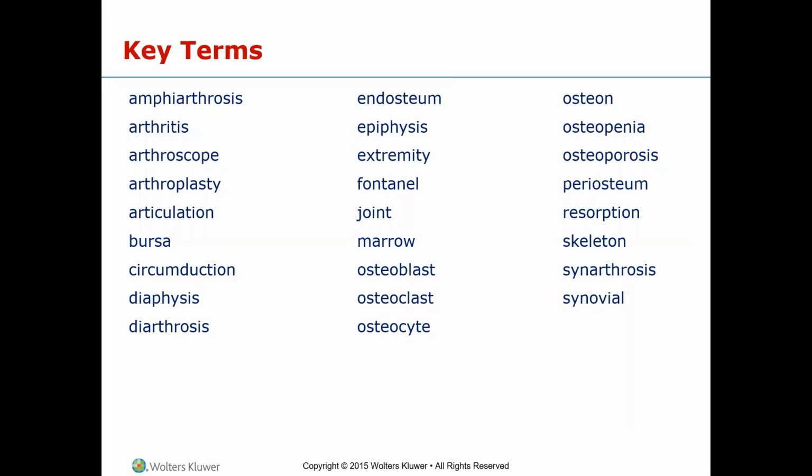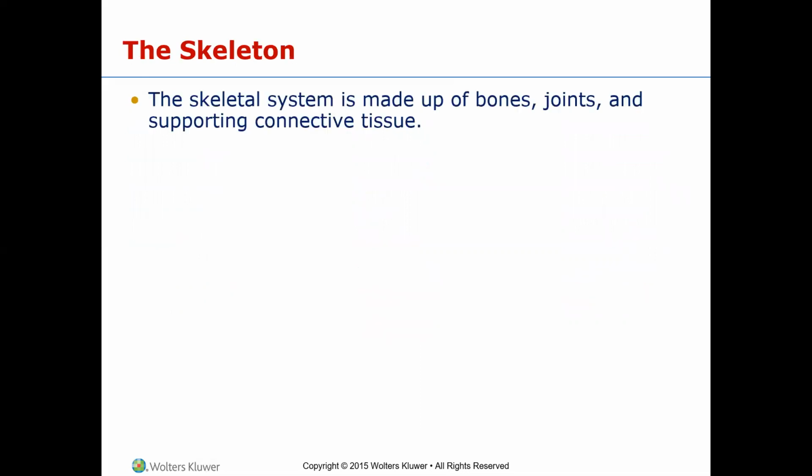Some of the key terms that you will need to be responsible for, again, paying particular attention to those things that we will be covering. So the skeletal system itself is obviously made up of bones, joints, and its supporting connective tissue.